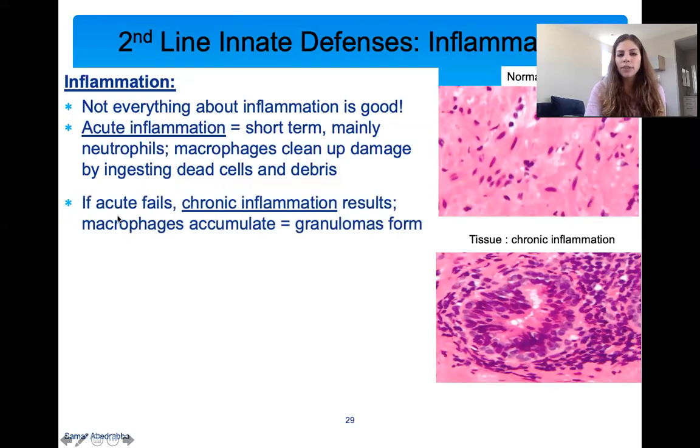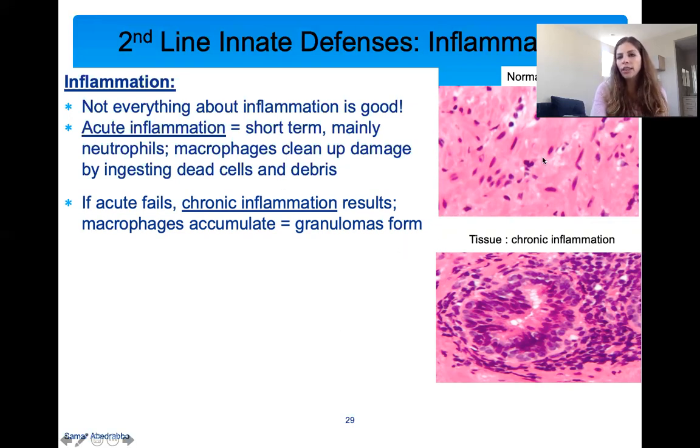If acute inflammation fails, you can get chronic inflammation. Chronic inflammation is inflammation that's always happening, and you get a lot of macrophages accumulating. This is not a good thing because macrophages hold a lot of toxic components that are there to kill pathogens. So with too much accumulation of macrophages, you'll get granulomas forming.